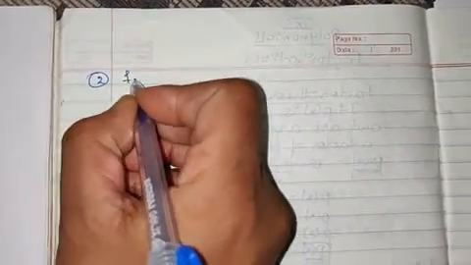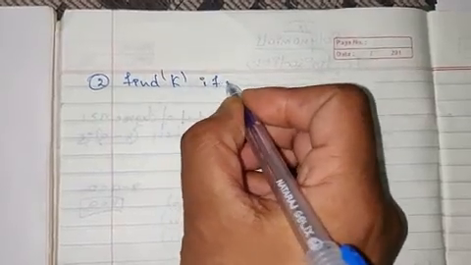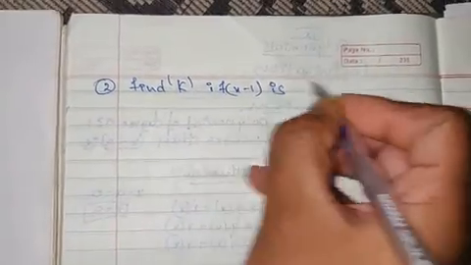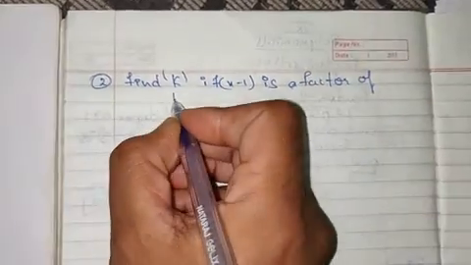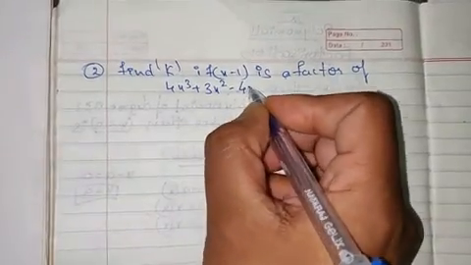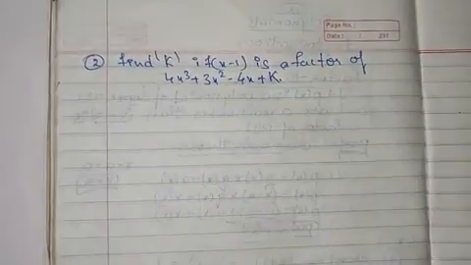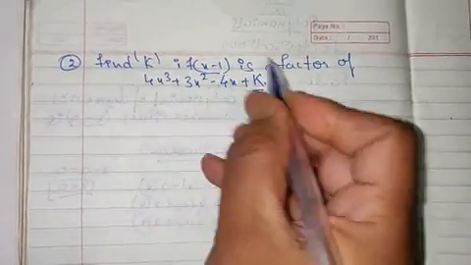Next type of question. Let us find the value of k. If x minus 1 is a factor of 4x cube plus 3x square minus 4x plus k, we have to find the value of k, where it is already given that it is a factor.